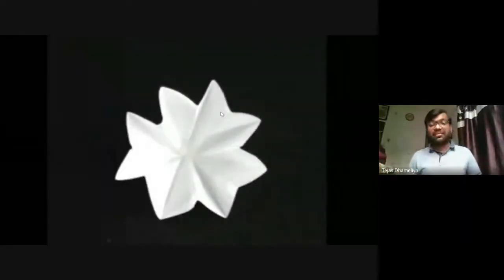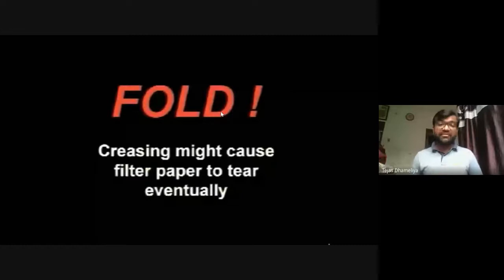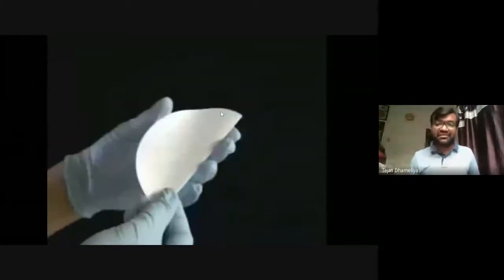In organic chemistry practicals, folding is more important. They will also demonstrate how to do folding of paper when you are given a circular Whatman filter paper.